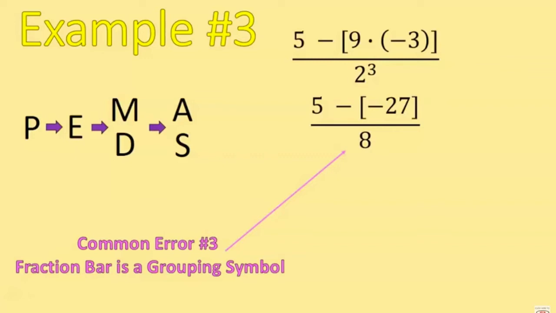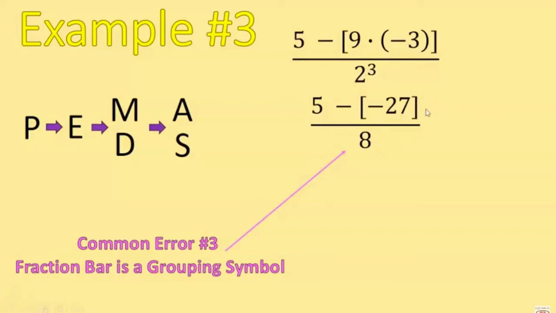Fraction bars are a grouping symbol. In other words, it's kind of like we have parentheses around the entire top and bottom of the fraction, and we simplify those basically as soon as we can. So if I can simplify this 2 to the power of 3 right at the beginning, I will.